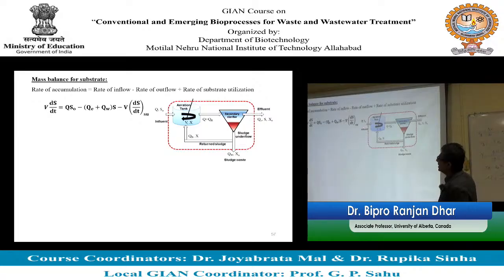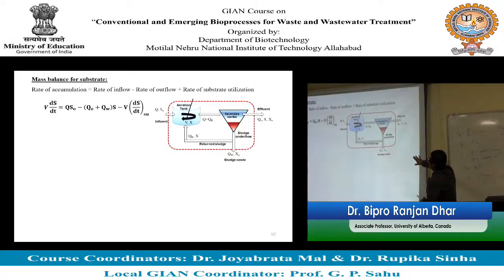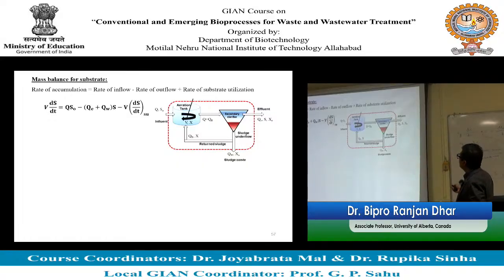S naught is the initial BOD. And here in the effluent, from the effluent and sludge wastage rate, the BOD concentration is going to be the same. Because this is in liquid, in dissolved form, whatever the effluent concentration or BOD concentration in your final effluent is, it's going to be the same in the waste sludge.